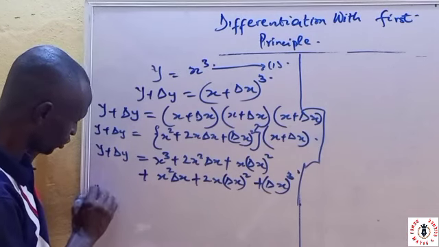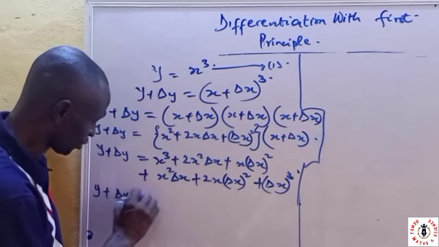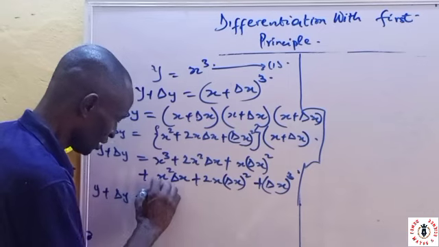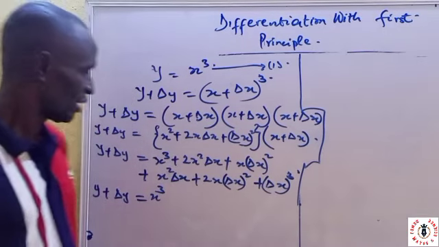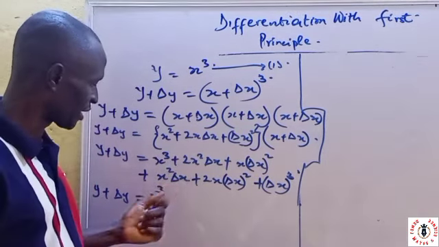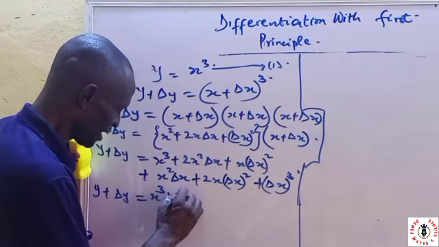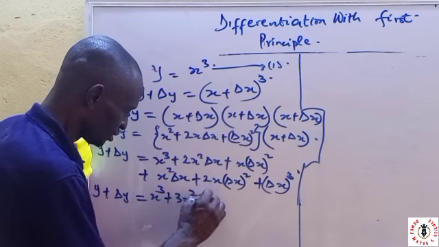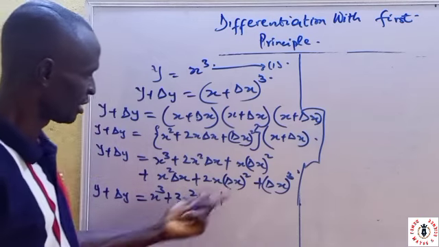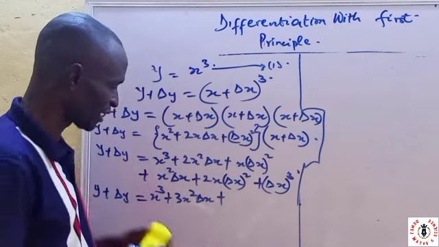Now let's sum this up. On summing this up, we should have y plus change in y equals x cubed. I have 2x squared, x squared change in x, that becomes plus 3x squared change in x. Plus, I have change in x squared plus x.